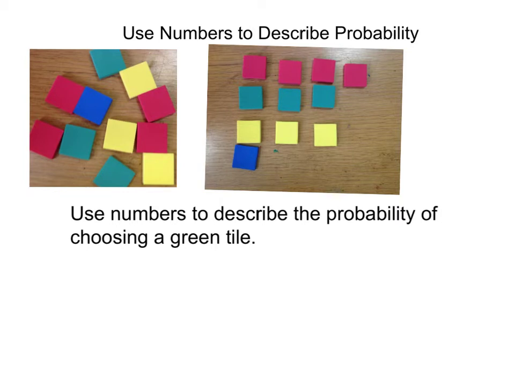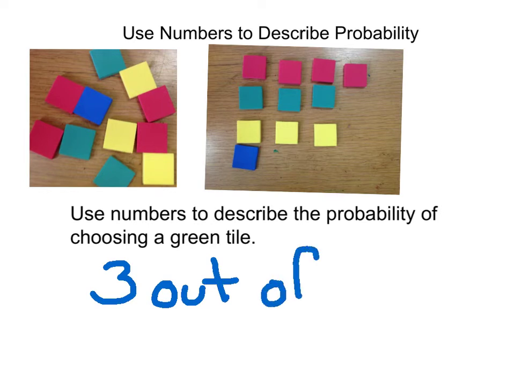So let's try this. I have 3 green tiles and I have 11 tiles total. So my probability would be 3 out of 11. The 3 is for the number of green tiles that there are, and the 11 is for the total amount of tiles.